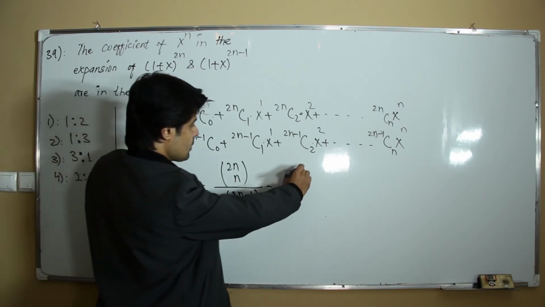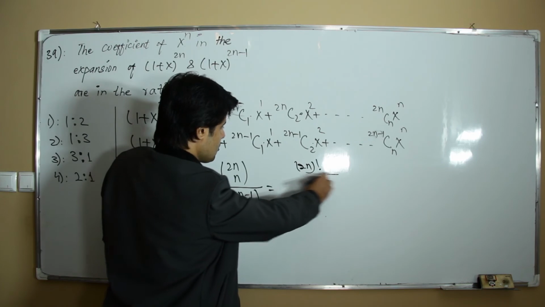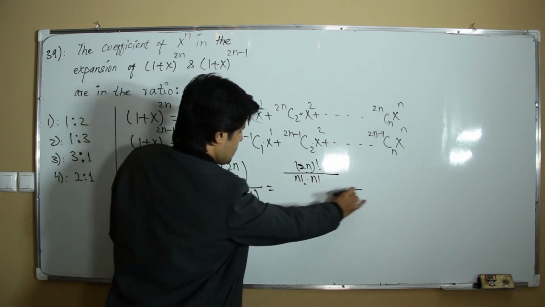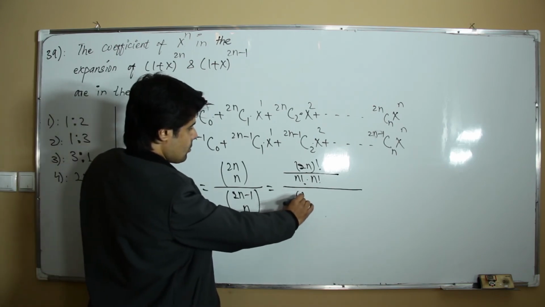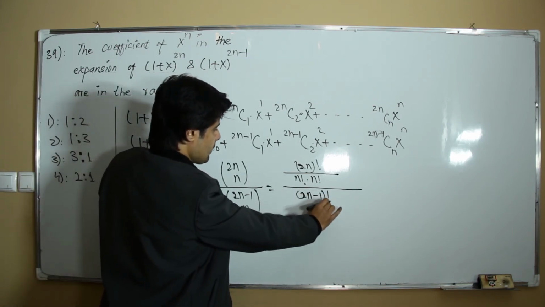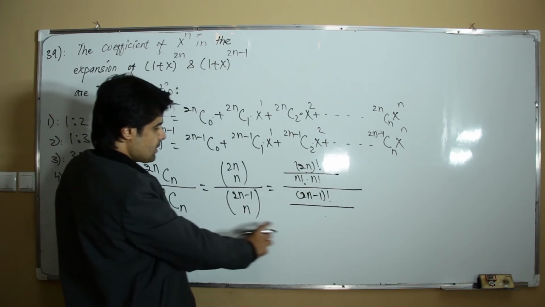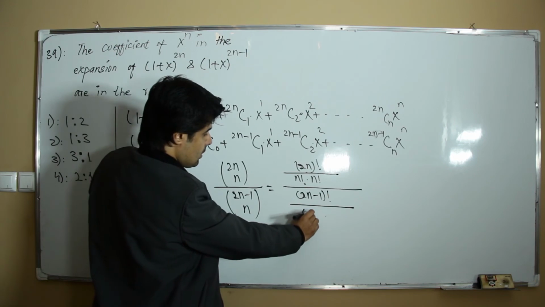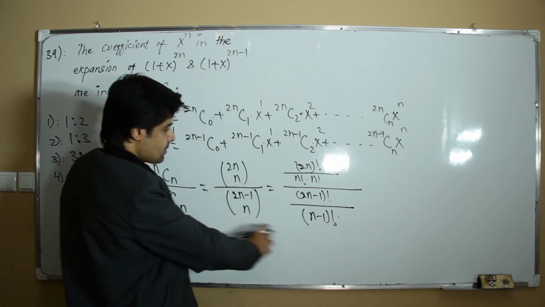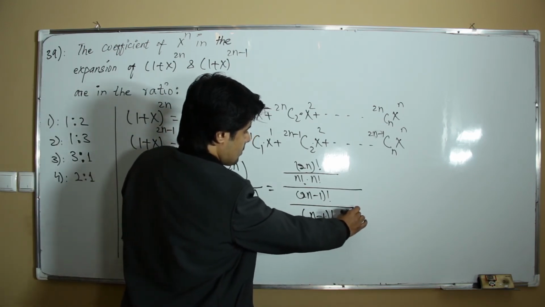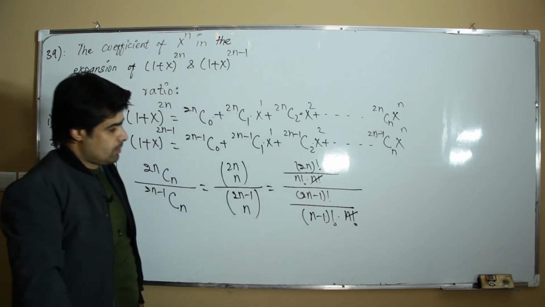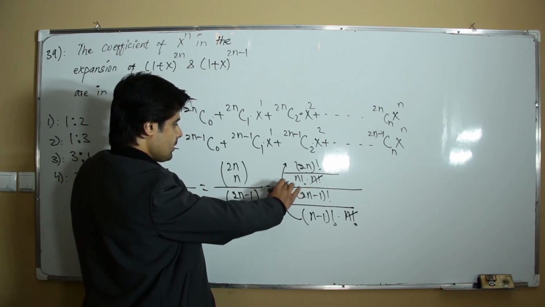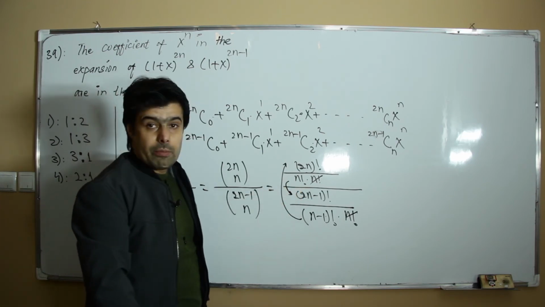What's the solution for this one? It is 2n factorial, 2n minus n factorial times n factorial, divided by 2n minus 1 factorial divided by this minus this, 2n minus 1 minus n, it's n minus 1 factorial times n factorial. This with this one is cancelled. Now this one moves to the numerator and this one comes to the denominator.